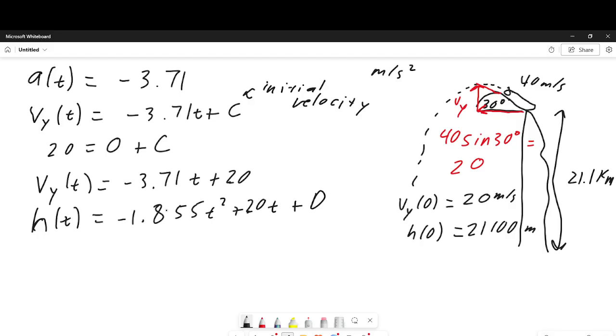So if we plug in 0, those blank out, and h of t would just be negative 1.855 t squared plus 20t plus 21100.